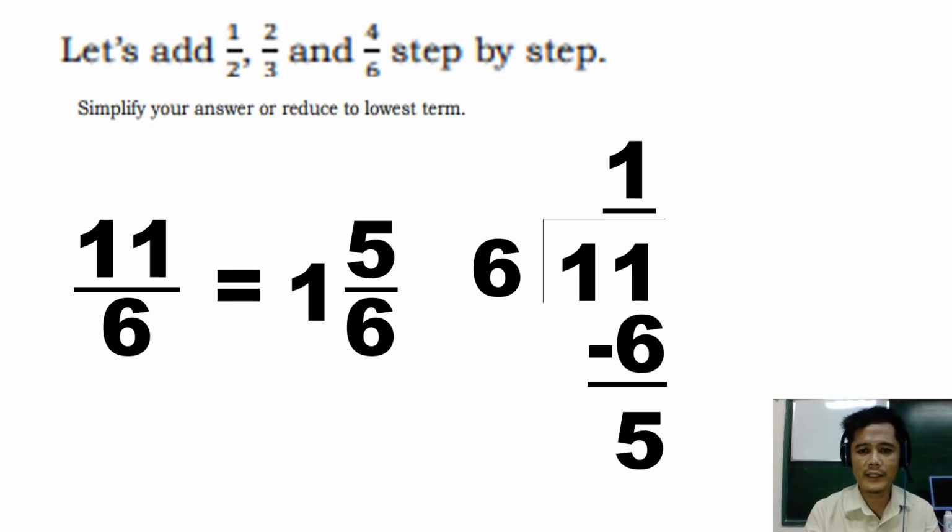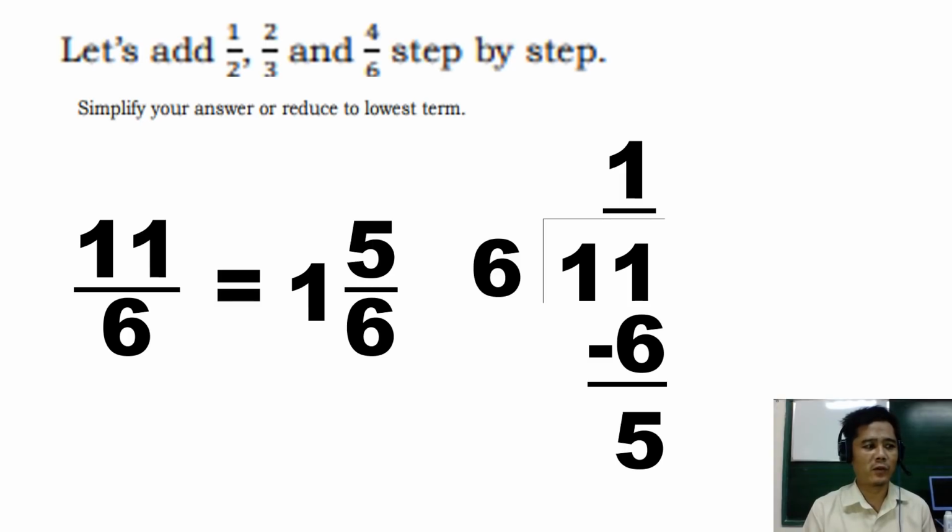So ang quotient natin, ito siya, magiging whole number natin. Then ang remainder magiging numerator, at ang divisor ay magiging denominator. So, yan po kung bakit siya naging 1 and 5/6.